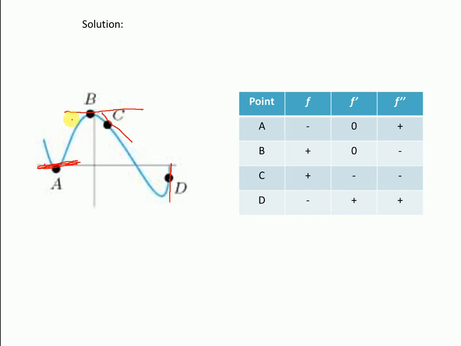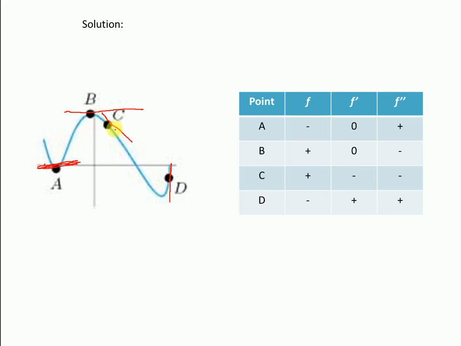At point B, if we go from left to right of point B, the slope is going from positive to negative, right? Positive to negative. That means it's going from increasing to decreasing, meaning that it opens down, or it's concave down, or the second derivative is negative.